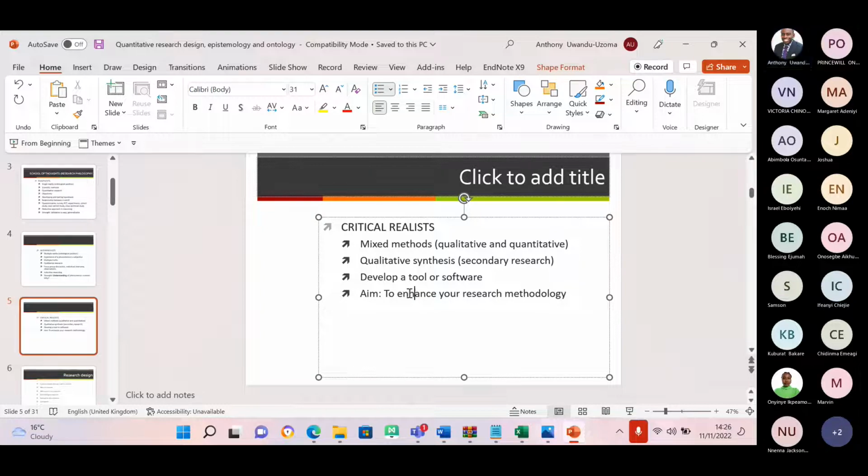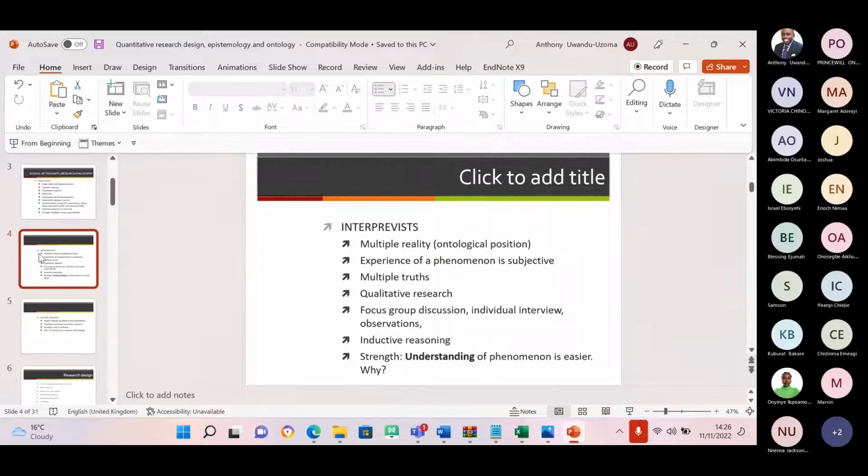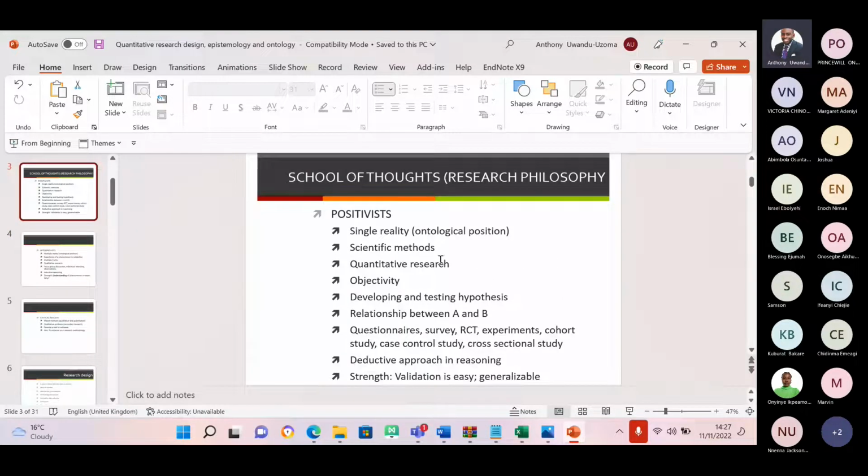In terms of epistemological stance, you are trying to answer, how do I gain knowledge?